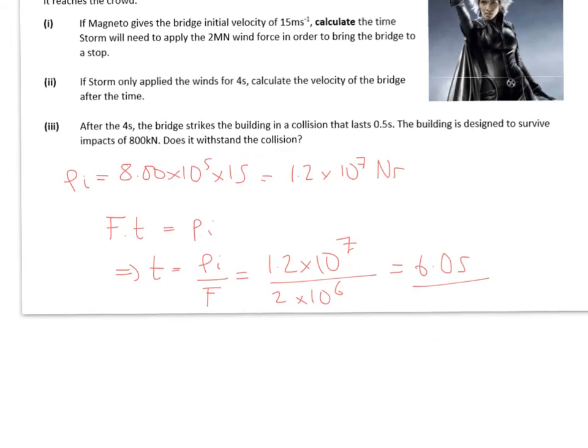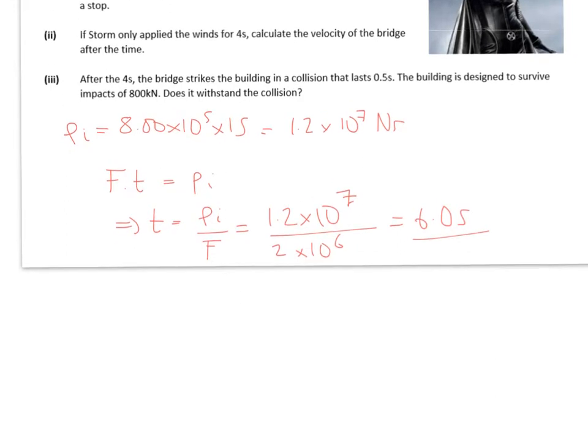So if Storm only applies the wind for 4 seconds, calculate the velocity of the bridge. So the change in momentum, if you apply a force of 2 meganewtons for 4 seconds, is 8 times 10 to the 6 Newton seconds. That's how much momentum changes.